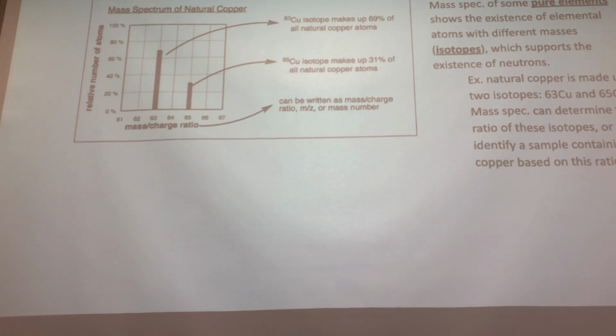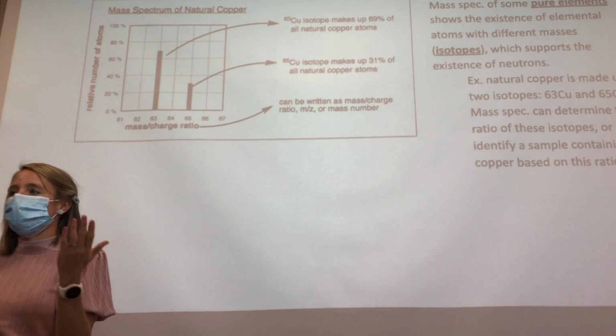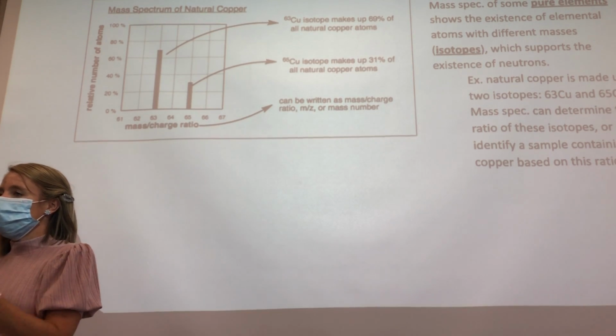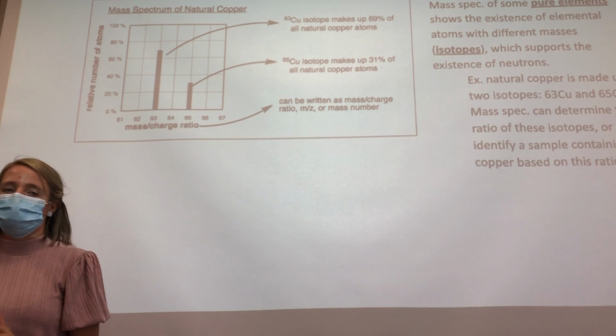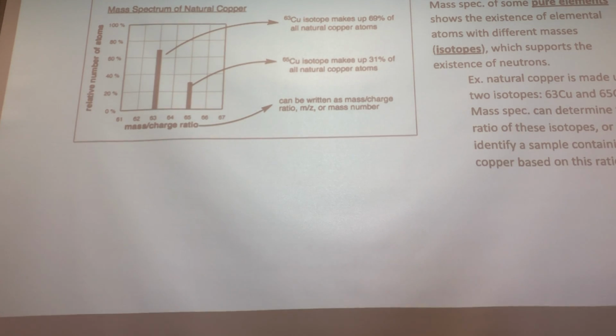So, okay, let's look at one for copper. This is another one, a little simpler, but same idea, a mass spec for copper. What it tells us is a few things. Number one, the number of peaks corresponds to how many isotopes there are. So each peak is a new isotope. If a question said, how many isotopes does something have? You would count how many peaks there are, okay?